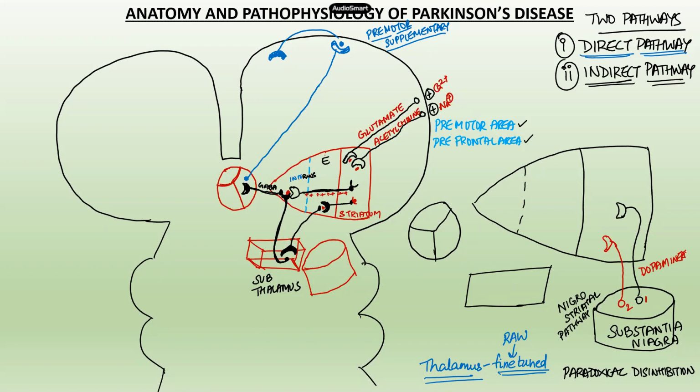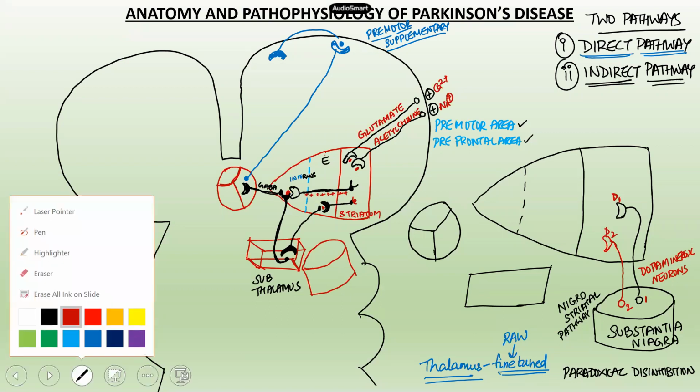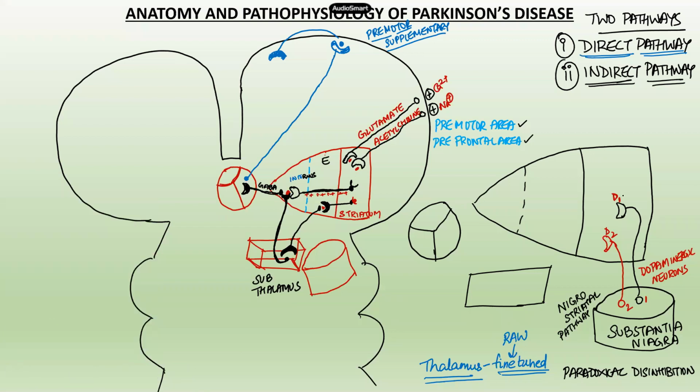That means they will release dopamine. Right. Now, this neuron number 1 has got D1 receptors, and this neuron has got D2 receptors. And you know from your pharmacology that D1 receptors are Gs coupled and D2 receptors are Gi coupled, right?